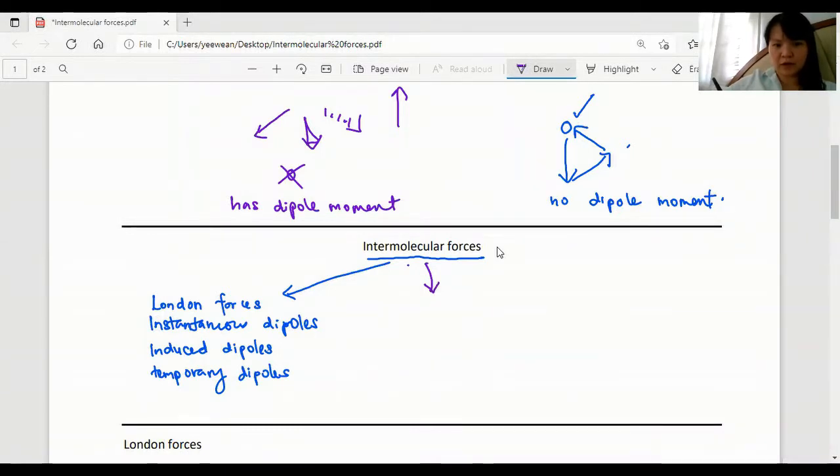Slightly stronger intermolecular force would be permanent dipole. Or we can also call it dipole-dipole forces.